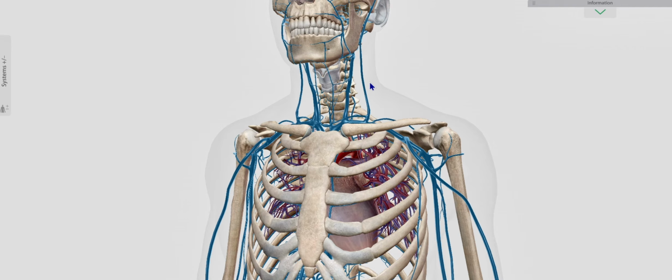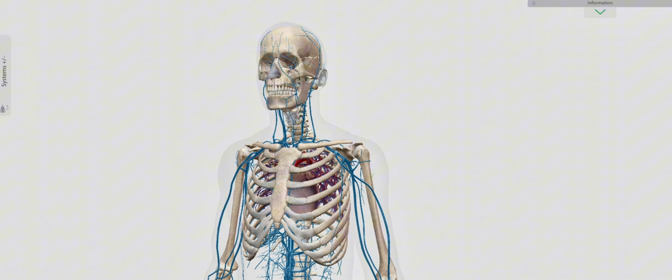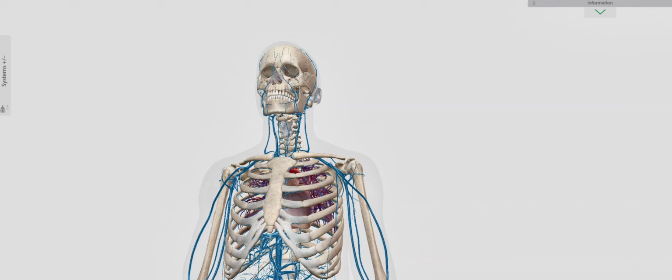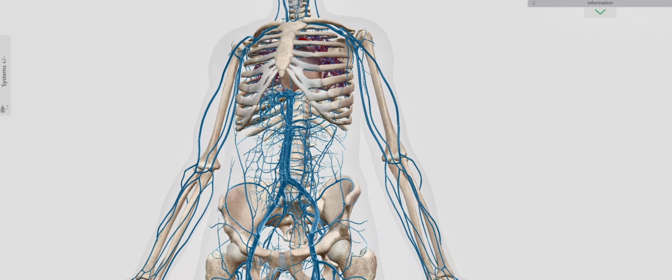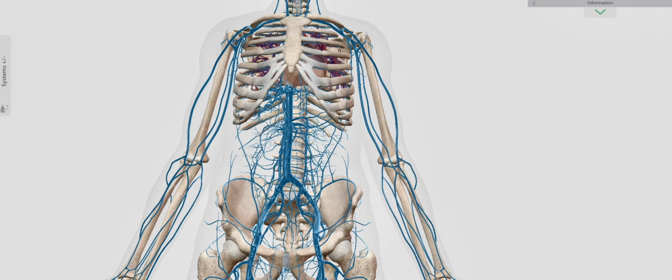Obviously, putting an IV in someone's neck that's awake and talking is probably not a good idea. Now, as you go down into the arms, you start seeing some of the more common veins that IVs are going to be started in. And some of you have probably had IVs put into you in a lot of these veins. This vein here is very common, what we call the antecubital vein.